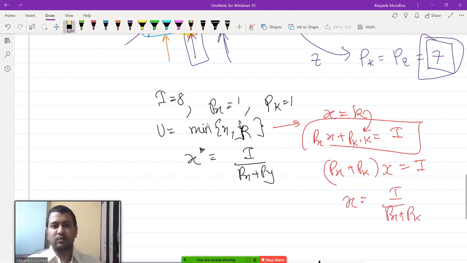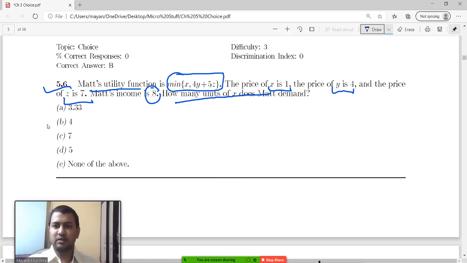So that is what I am going to use here. So the amount of x is going to be equal to 8 upon 1 plus 1, which is equal to 4. So that is my answer, 4.